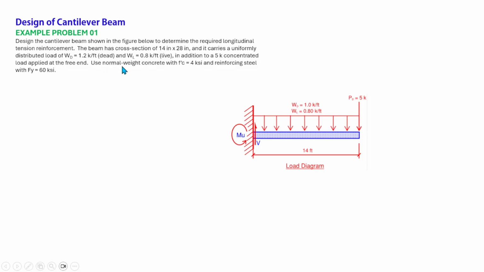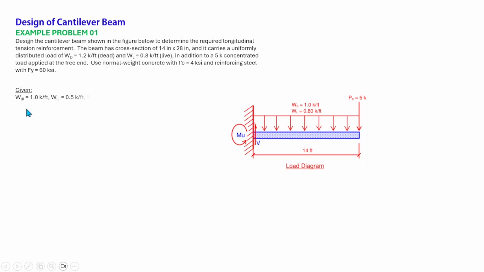Use normal weight concrete with f'c equal to 4 ksi and reinforcing steel with fy equal to 60 ksi. This is our load diagram. We have reflected all the loadings here, the dead load and the live load, the uniformly distributed load, and also the 5 kip load applied at the free end of the beam.